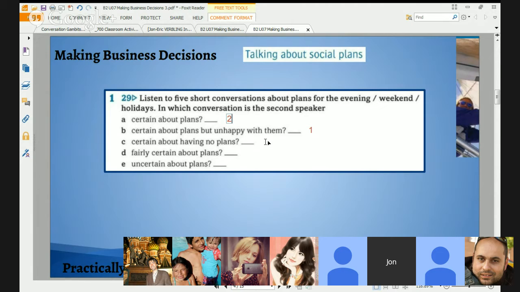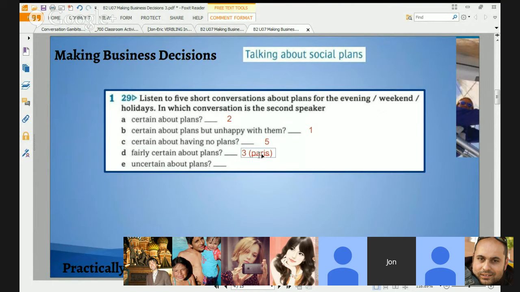What about C? Concern about having no plans. 5. Daniel says 5. Sylvia says 5. Okay. D. Fairly concerned. That's a mistake. It should say fairly certain about plans. So D: 3, 4, Paris. I'm hearing 3 about Paris.